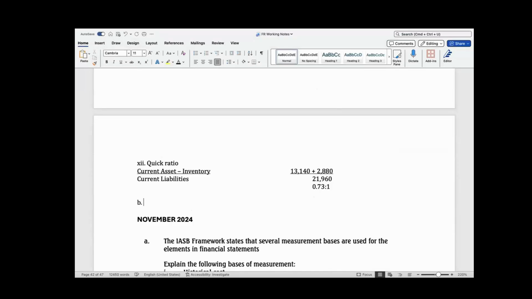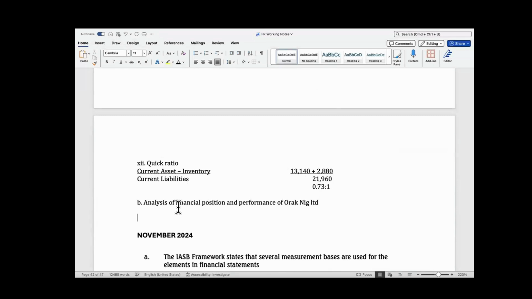So we're looking at analysis of financial position and performance of Oracle Nigeria Limited.